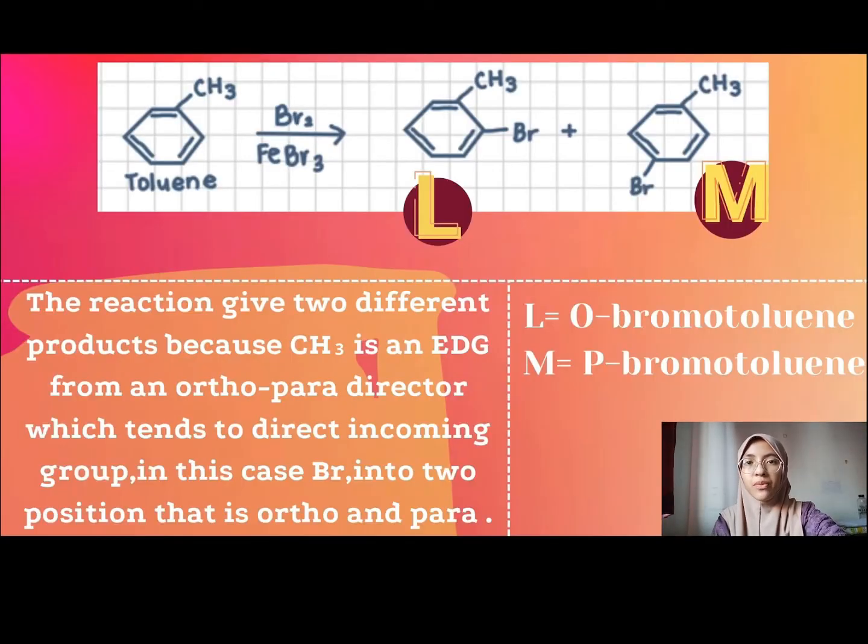The answer: L is o-bromotoluene and M is p-bromotoluene. The reaction gives 2 different products because methyl is an EDG, an ortho-para director, which tends to direct the incoming group, in this case bromine, into 2 positions, that is ortho and para.